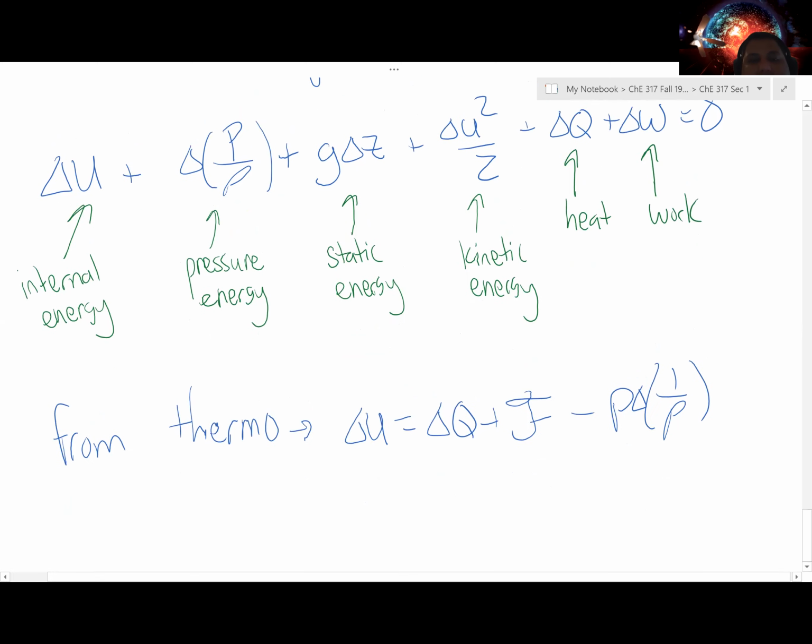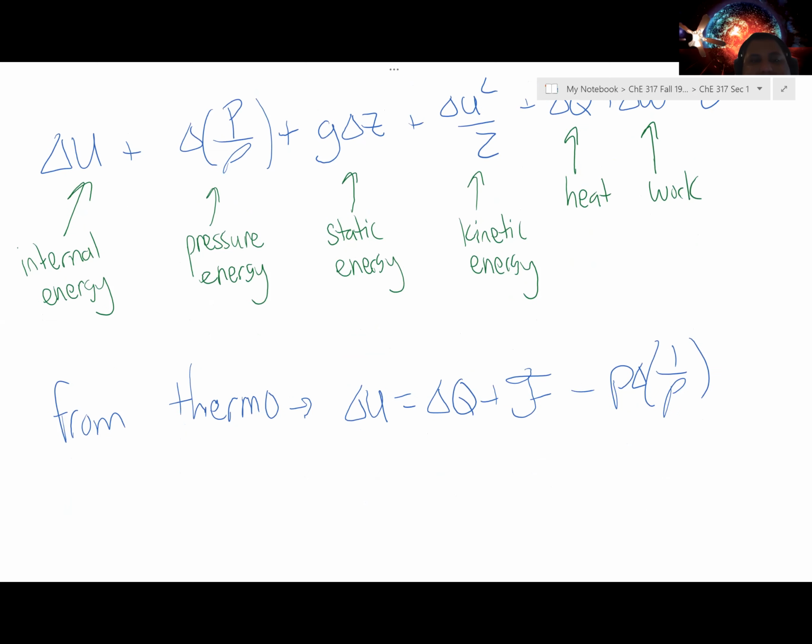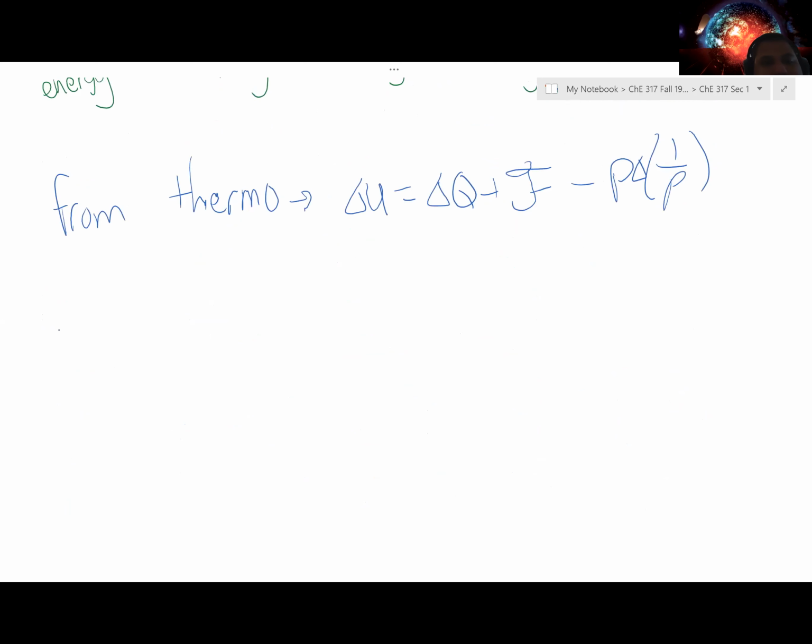And what I can do is combine these two expressions into a single expression that looks like this.